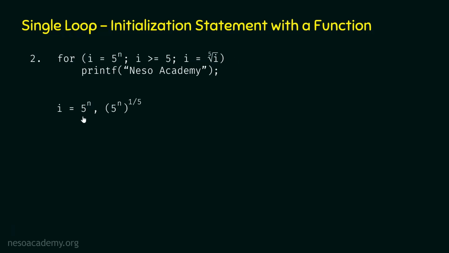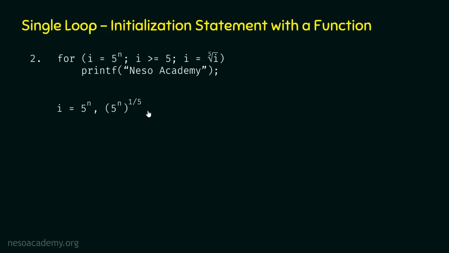The current value of I is 5 power n. After updating I to the fifth root of I, we will get 5 power n to the whole power 1 by 5. These two powers can be multiplied. We can write n by 5 also. But I am writing like this, 5 power n to the whole power 1 by 5.